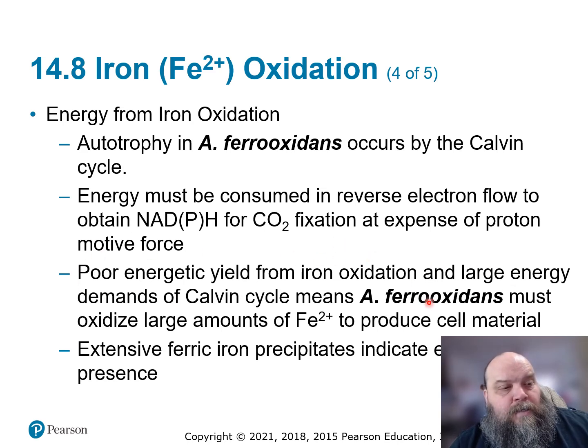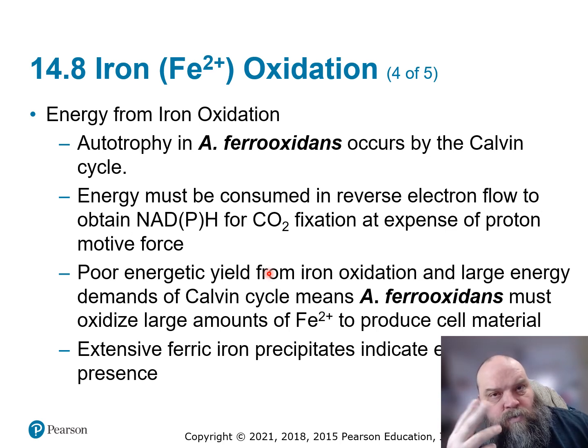The problem is this iron oxidation is a very poor energy yield. Think back a few sections ago where we were talking about the E naught of these half reactions, where you have to couple this half of the reaction with another half.